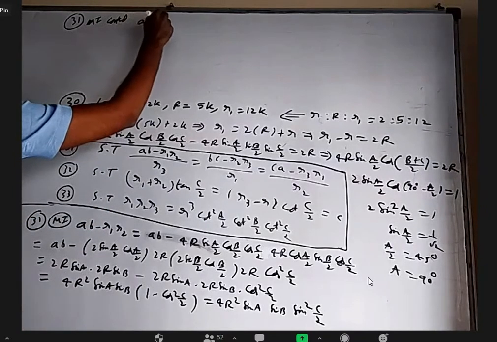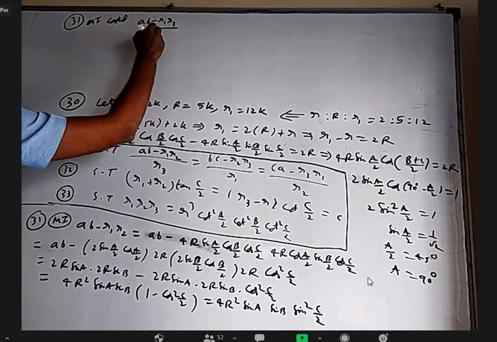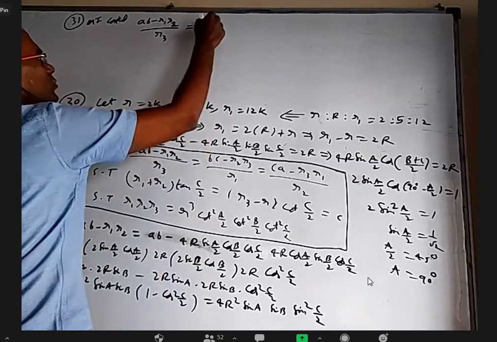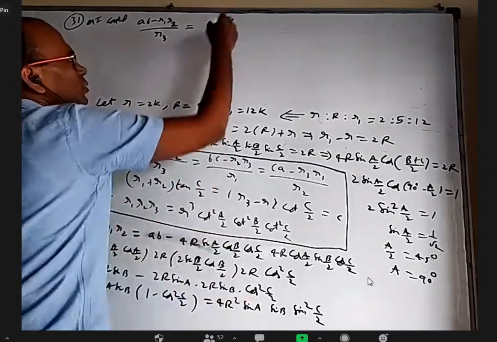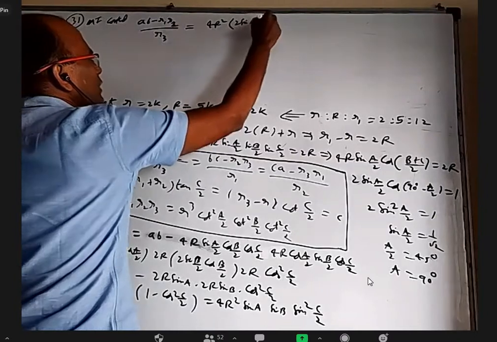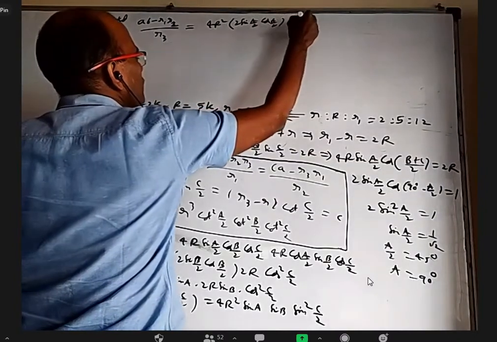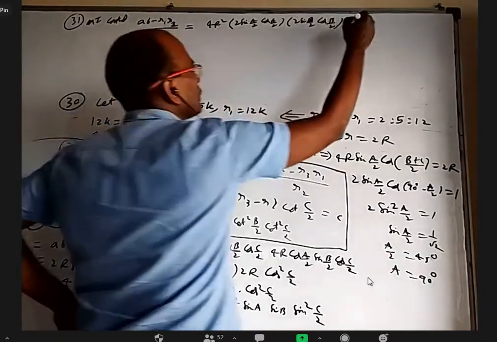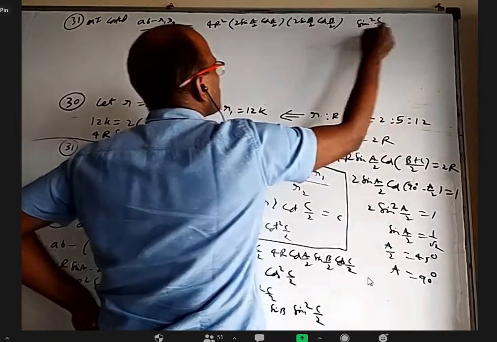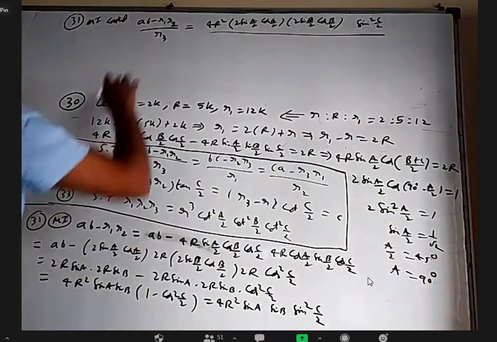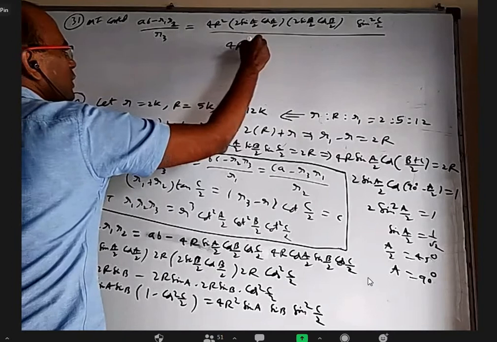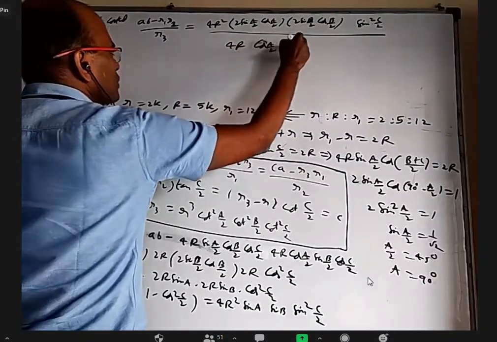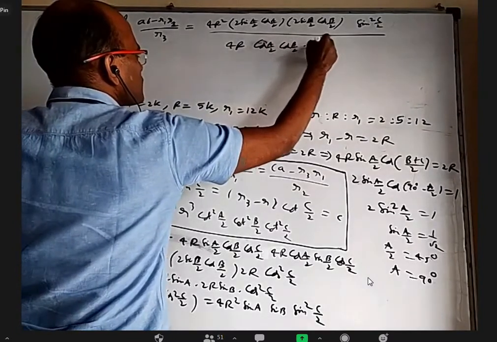Okay, if I take AB minus R1 R2 by R3, numerator is this 4R square sine A, I want to write 2 sine A by 2 cos A by 2, sine B, I want to write 2 sine B by 2 cos B by 2 into sine square C by 2. R3 formula is 4 capital R cos A by 2 cos B by 2 and sine C by 2.